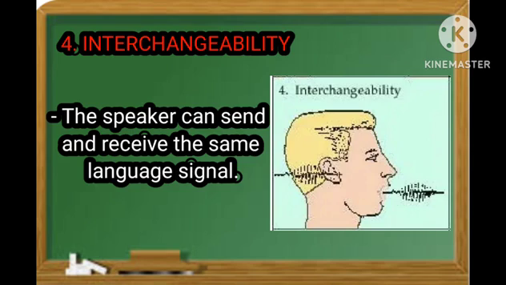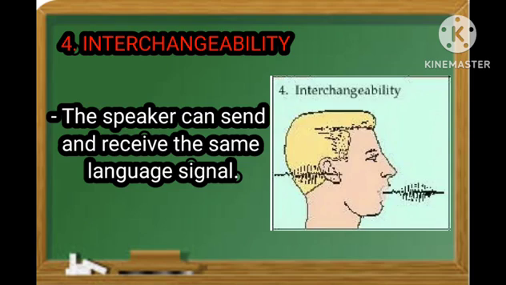Another example situation of this feature can be a multilingual family gathering where different family members speak different languages fluently. They can switch between languages based on their convenience, personal preferences, or the language proficiency of the person they are communicating with.